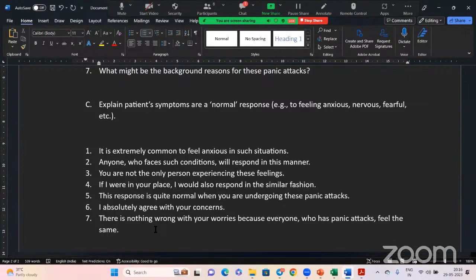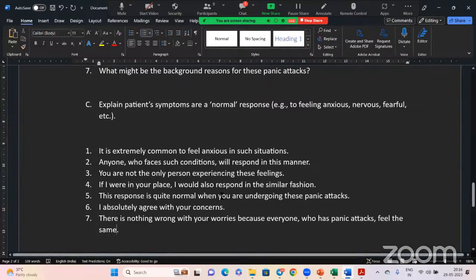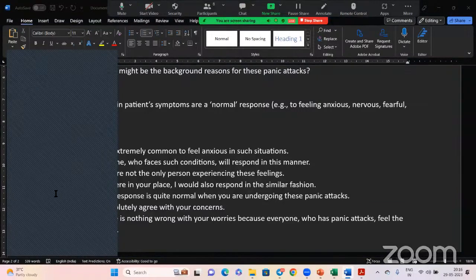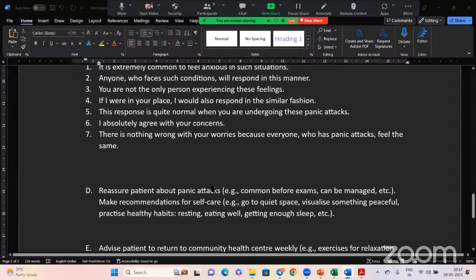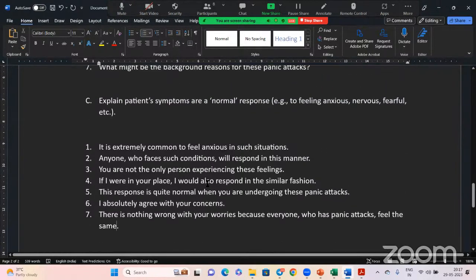Okay. So this is how you are going to do it. You can write your own sentences. You can add these things. That is the next one: reassurance. Here you will get reassurance next.